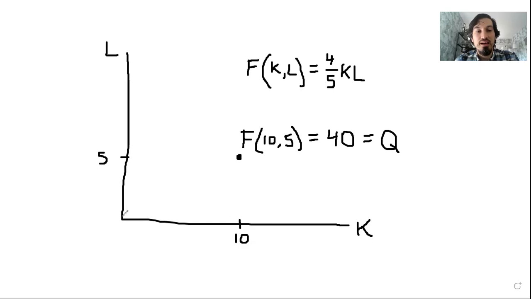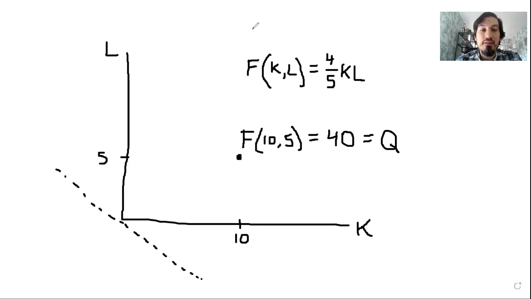I'd be very hesitant to try to draw a third dimension coming out from the two dimensions that you can see, but there's a third dimension of quantity that comes out somehow. I don't even know how to draw it. It's too hard. But just letting you know, what we're dealing with now is no longer two-dimensional graphs.